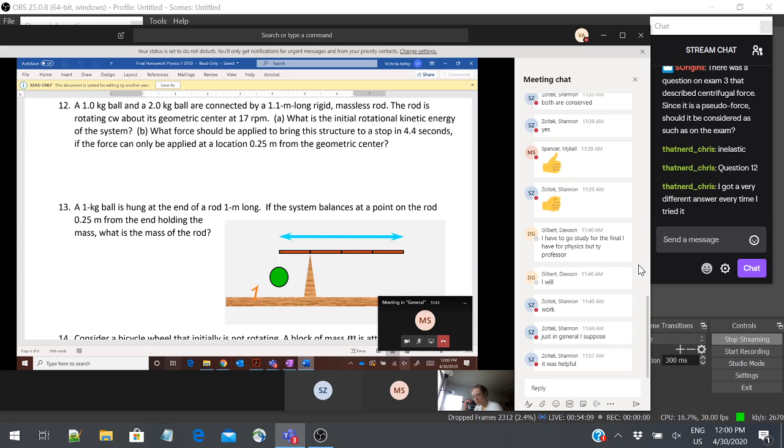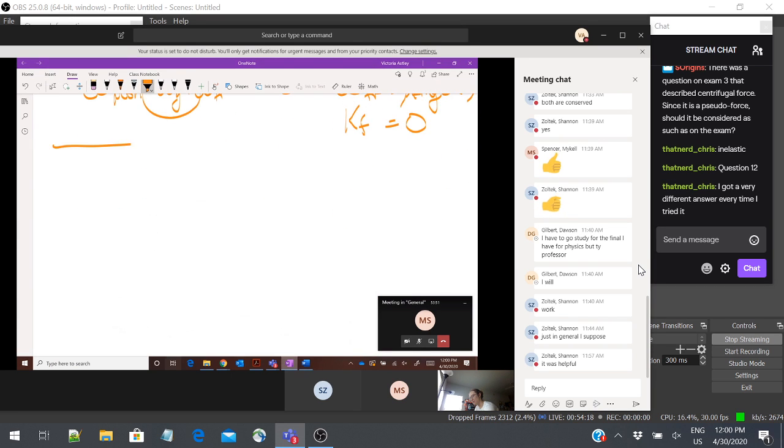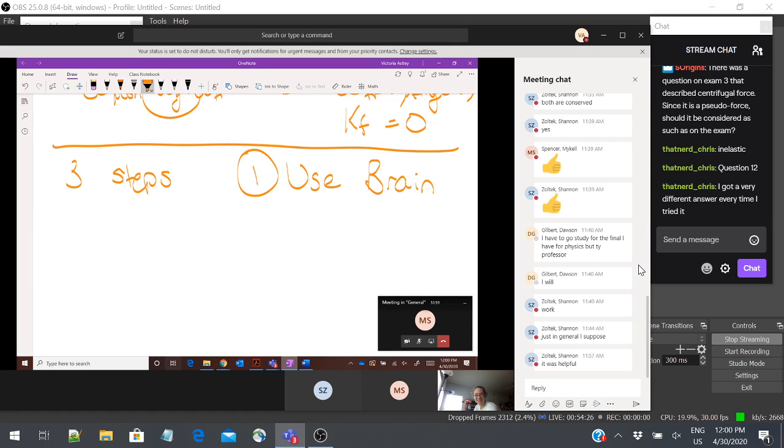Okay. So I talked about this 3-step tactic yesterday. Step 1, use brain. What I mean by this is read the problem. Make sure that you understand it. Imagine it. Make sure that you can picture what's going on, that your mental picture is correct. And also ask yourself what if and why questions and look for red herrings.